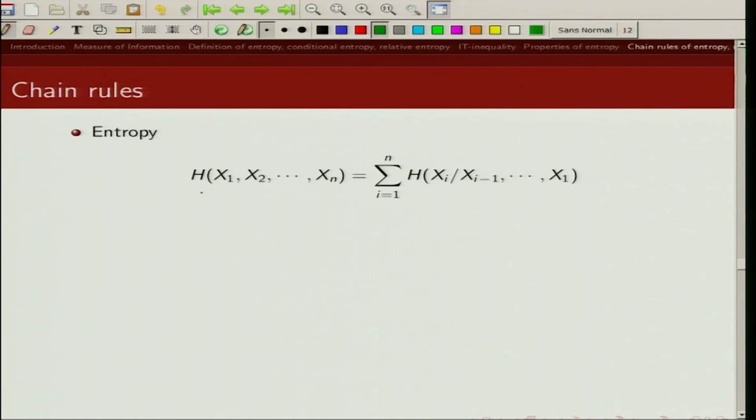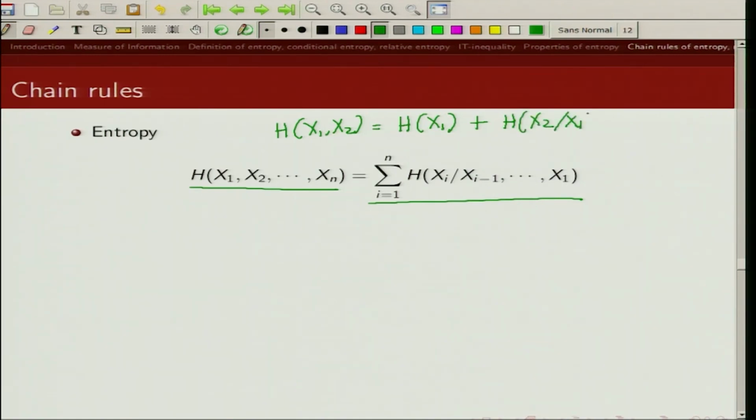So joint entropy of random variables x1, x2, x3, up to xn can be written in terms of their conditional entropy in this particular fashion. For example, if you have H of x1, x2, this can be written as H of x1 plus H of x2 given x1.